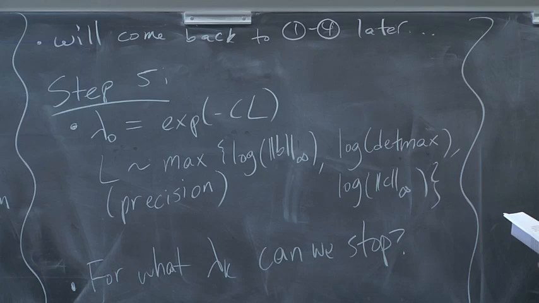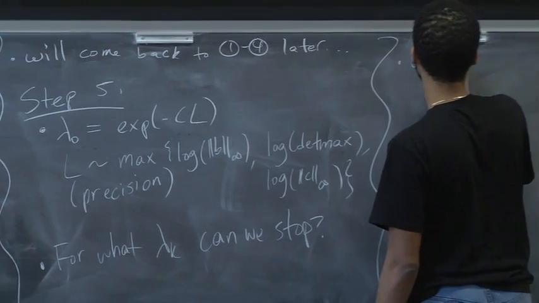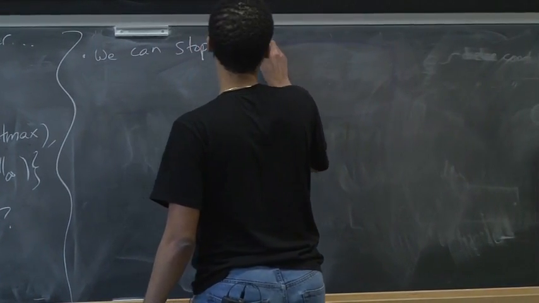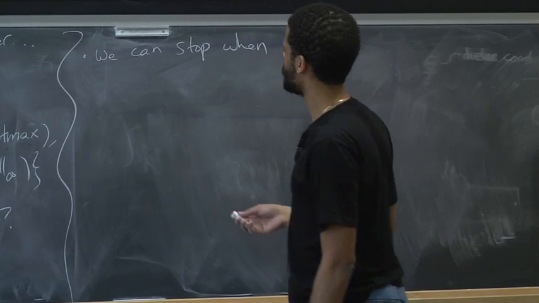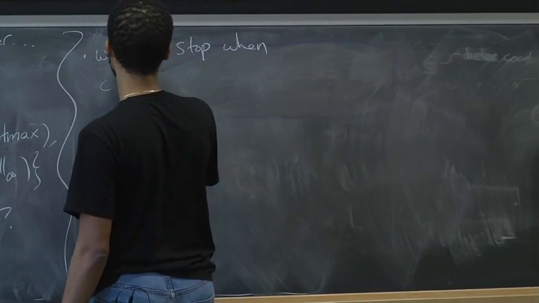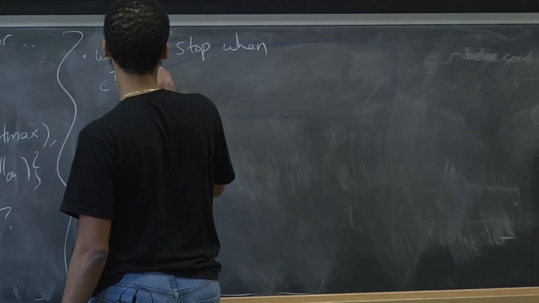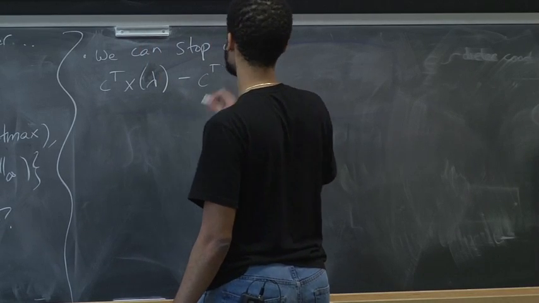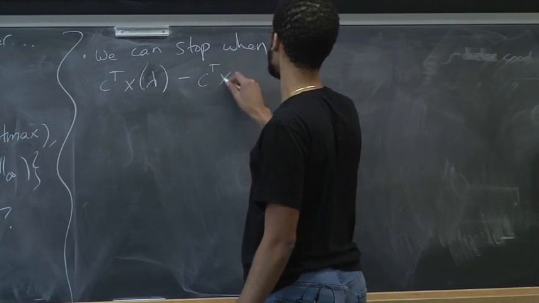So for this, basically, we can stop when, let's say, C transpose x lambda minus C transpose x star.